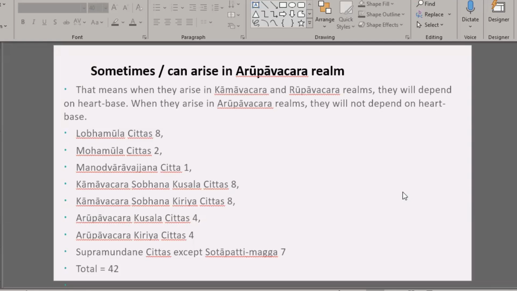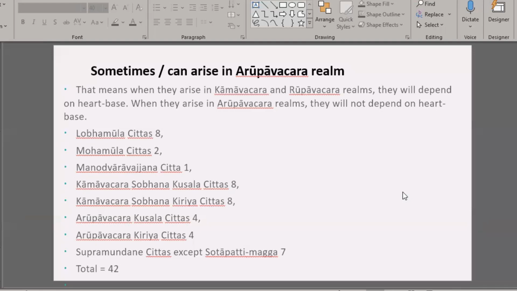And when Rupavachara Brahmas develop insight meditation, they can attain Sotapatti, Sakadagami, Anagami and Arahant. Also for Arupavachara Brahmas, that's only for noble ones.